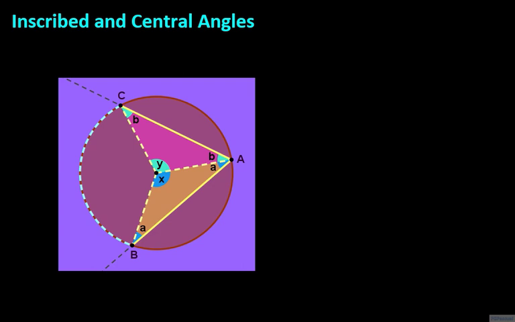For the third triangle, we construct segment BC, and so we have triangle BOC. And again, two of the sides of triangle BOC are radii of the same circle, so that triangle BOC is isosceles. Therefore, the base angles are congruent, and we denote the measure of the base angles by little c, and the apex angle by z.